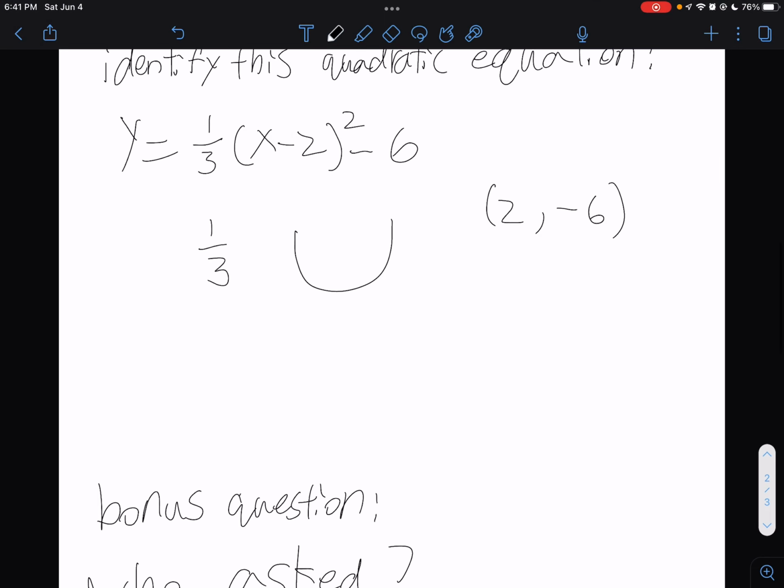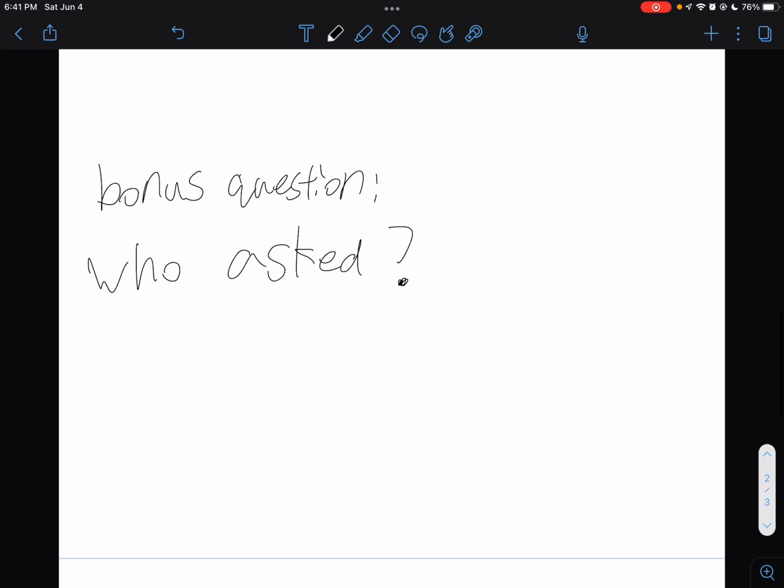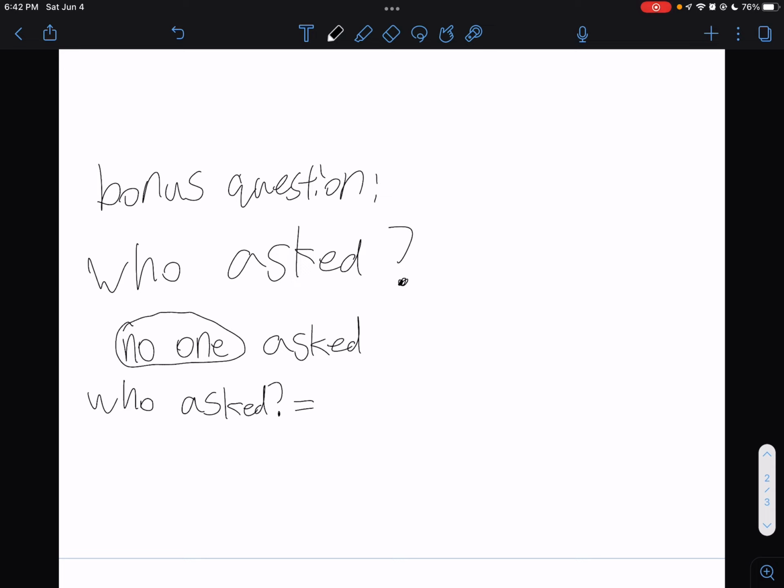Now moving on to the last question, a bonus question of who asked. So I think the intention of the question is to point out that no one asked. So to answer the question of who asked, we first need to identify who is no one.